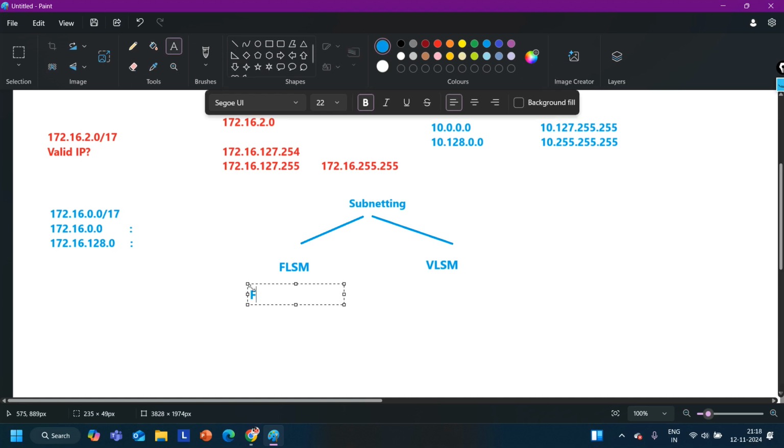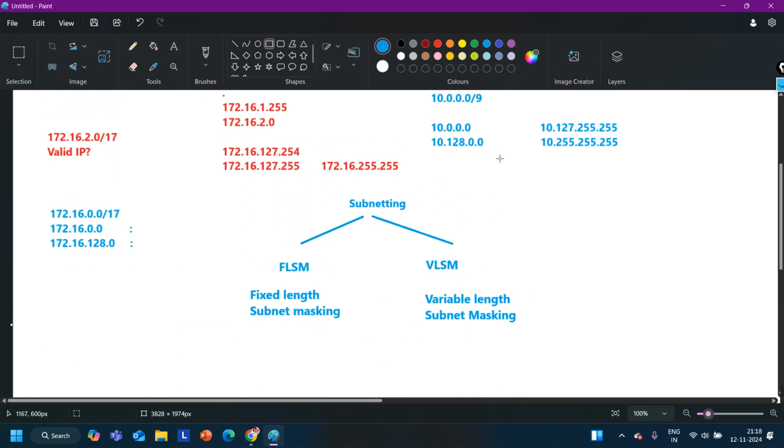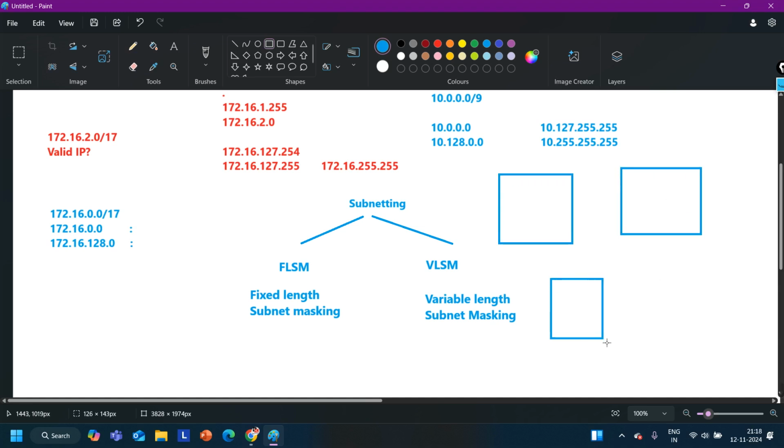FLSM stands for fixed length subnet masking, and VLSM stands for variable length subnet masking, right? Like for an example, I have 3 departments or 4 departments, 1, 2, 3 and 4.